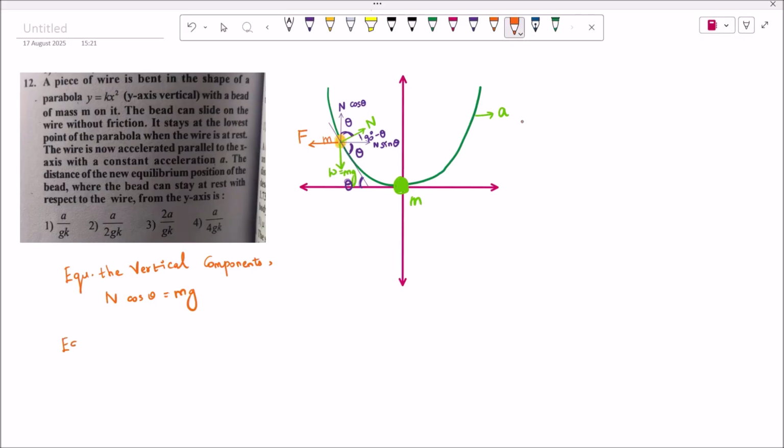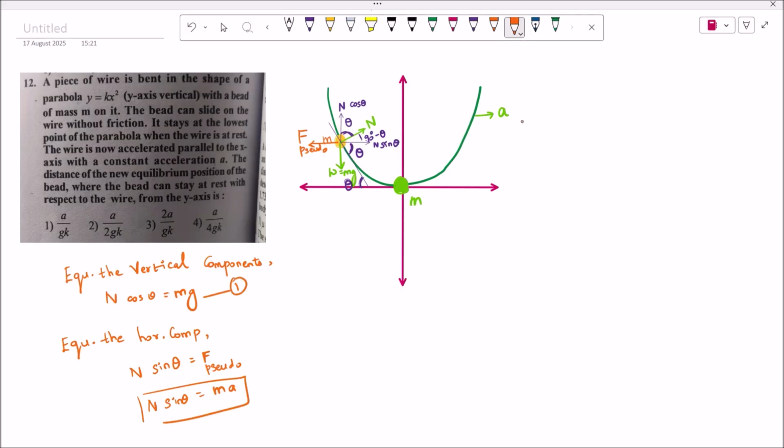Equating the horizontal components, n sin theta is equal to f, and f is the pseudo force which has brought acceleration to the bead. So n sin theta is equal to ma.